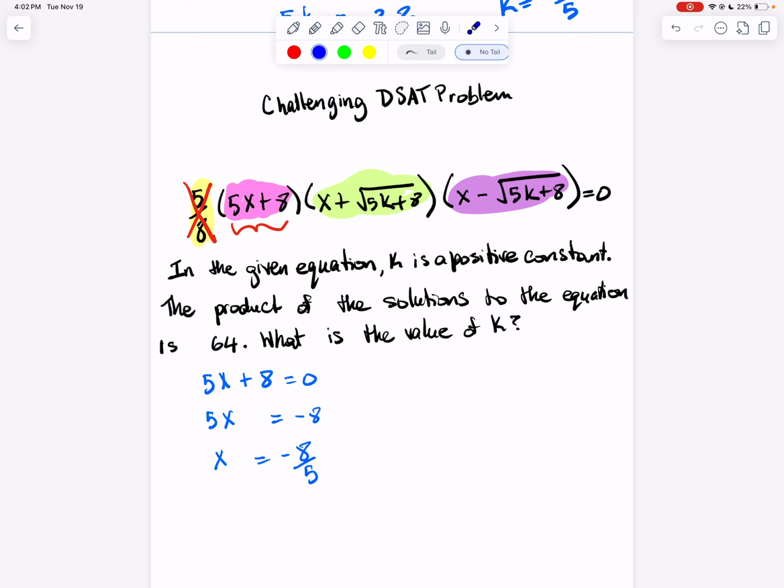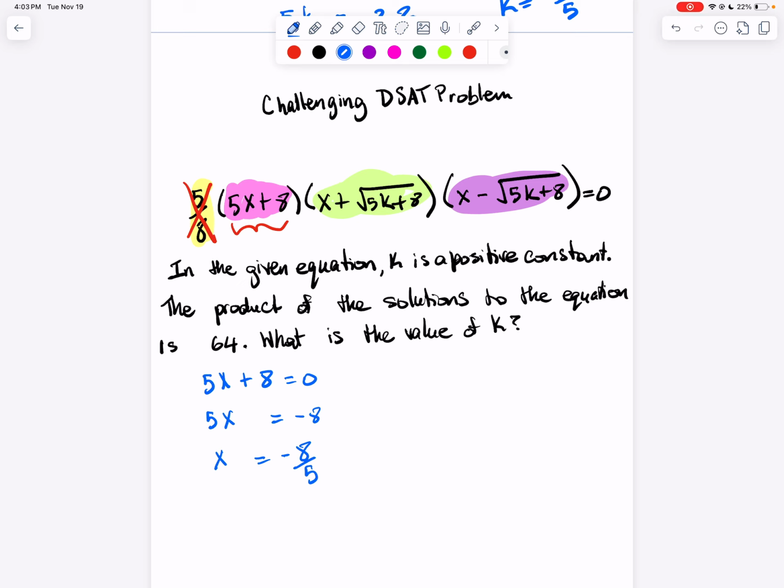One is going to be positive and one is going to be negative, and it doesn't matter which is which. Keeping that in mind, if one of these solutions is negative, when you multiply it by the other solution, that negative sign is going to go away. So we can almost disregard this negative sign as we keep working through the problem. All right, hopefully that makes sense. If it did not, hopefully it will make sense in a few minutes.